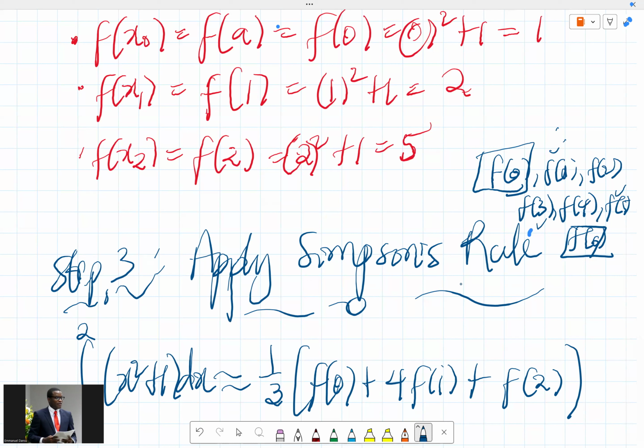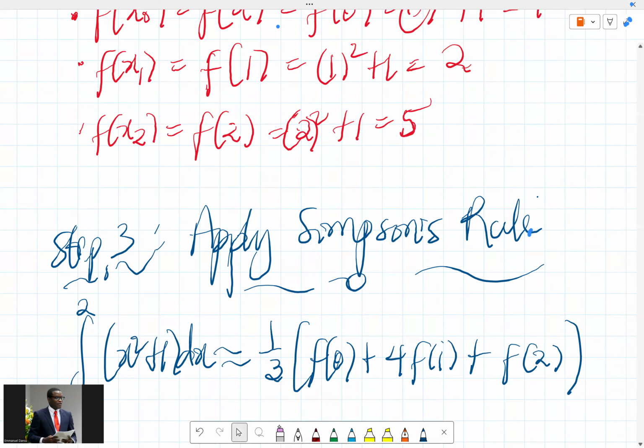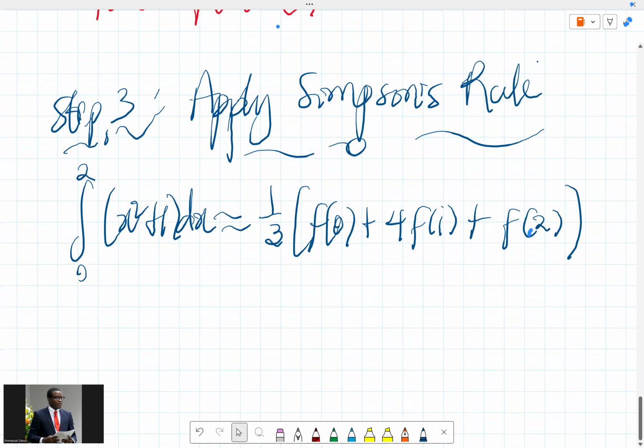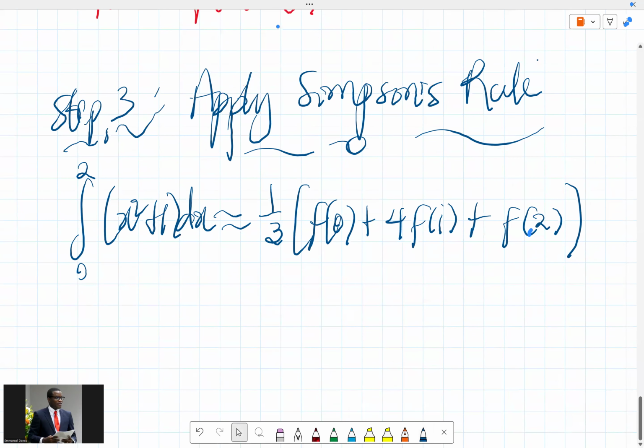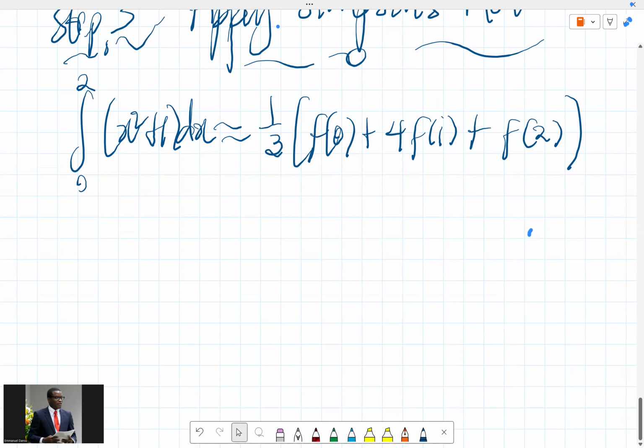So I'm going to say 4 into f of 1 plus f of 3 plus f of 5. Then f of 2 and f of 4 are even, so we say 2 into f of 2 plus f of 4. But here we just have three things: the beginning and the end, and only one odd thing, which is f of 1. So with that in place, we can go ahead and compute the result.